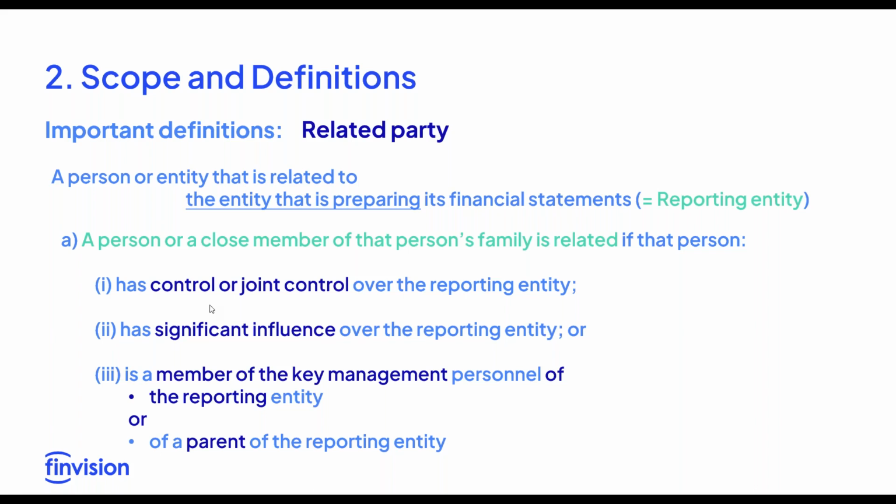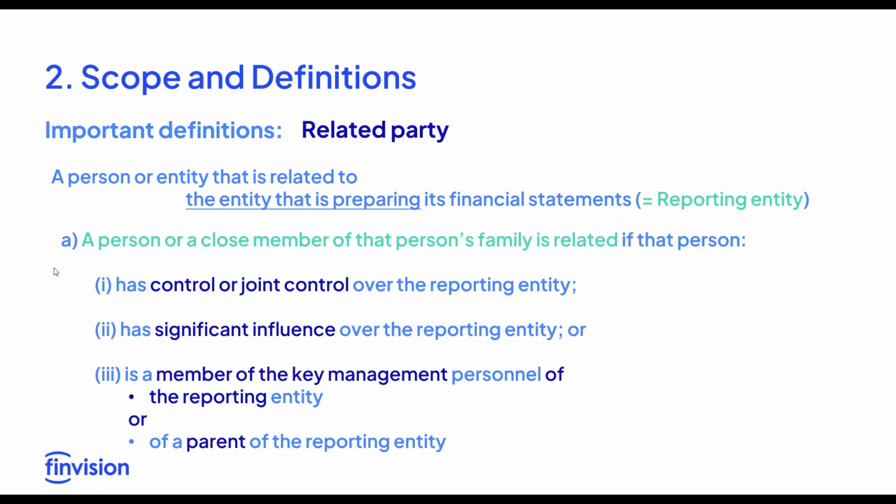Either that person has control or joint control over the reporting entity, or it has significant influence over the reporting entity, or if that person is a member of key management personnel, either of the reporting entity, but it's also possible that it's of the parent of the reporting entity. So this is a related party with respect to a person, a natural person.